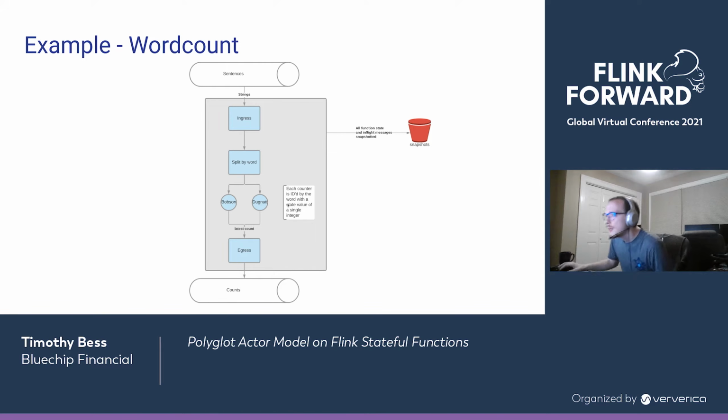So this is sort of the benefit over the actor model, is that if while we're counting, something happens, there's a failure, the state of these counters is rolled back in lockstep with the offsets on Kafka for this topic, the sentences topic, and the counts topic.